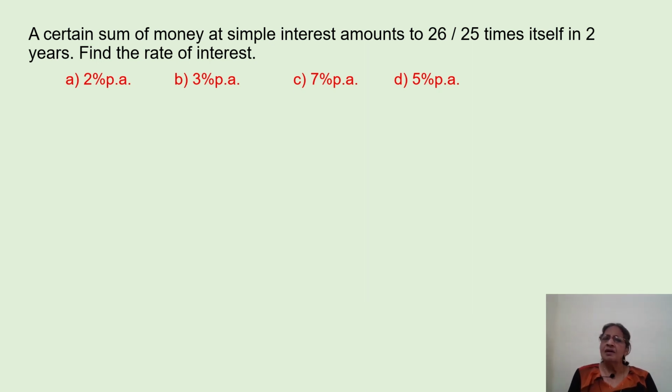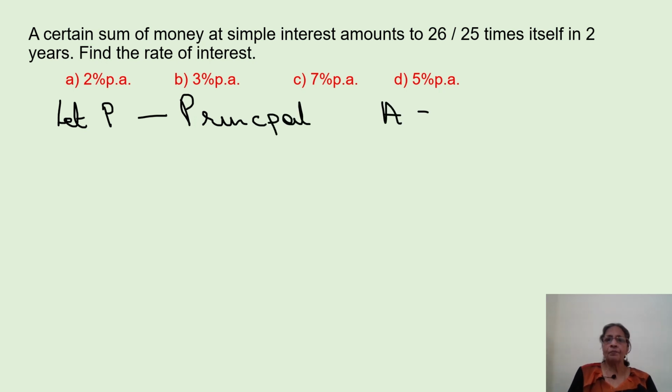Again, we can take the principal either as 100 or we can let it remain as P. So let's take the sum with P. Let P be the principal. So the amount will be 26 upon 25 times the principal, means into P. And the time period is given as 2 years. Once we know the principal and the amount, we can find the simple interest.